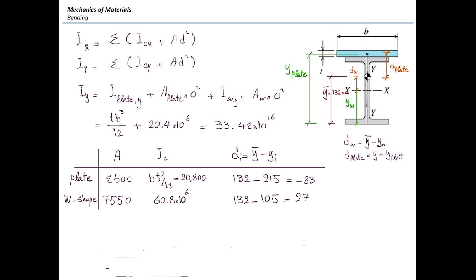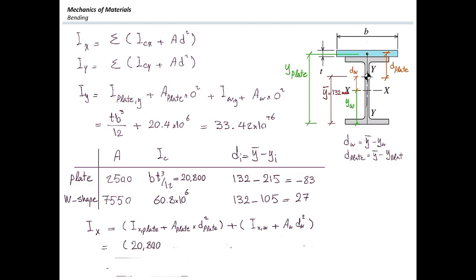Now we are going to plug these values into the moment of inertia equation and determine how much is the total moment of inertia for this combined section. Moment of inertia about the x-axis is the moment of inertia of the plate about the x-axis plus the area of the plate multiplied by d of plate squared, plus the moment of inertia of the W shape about the x-axis plus the area of the W shape multiplied by d value squared.